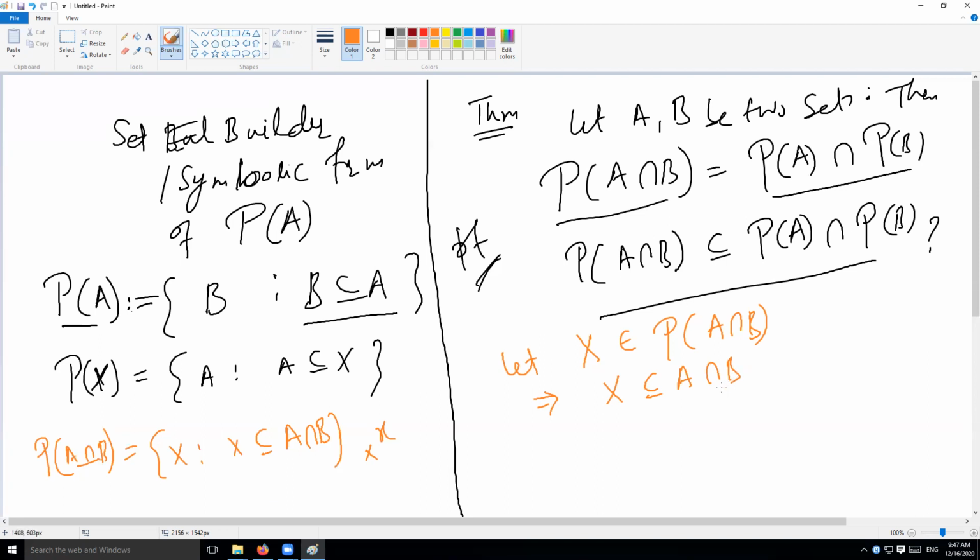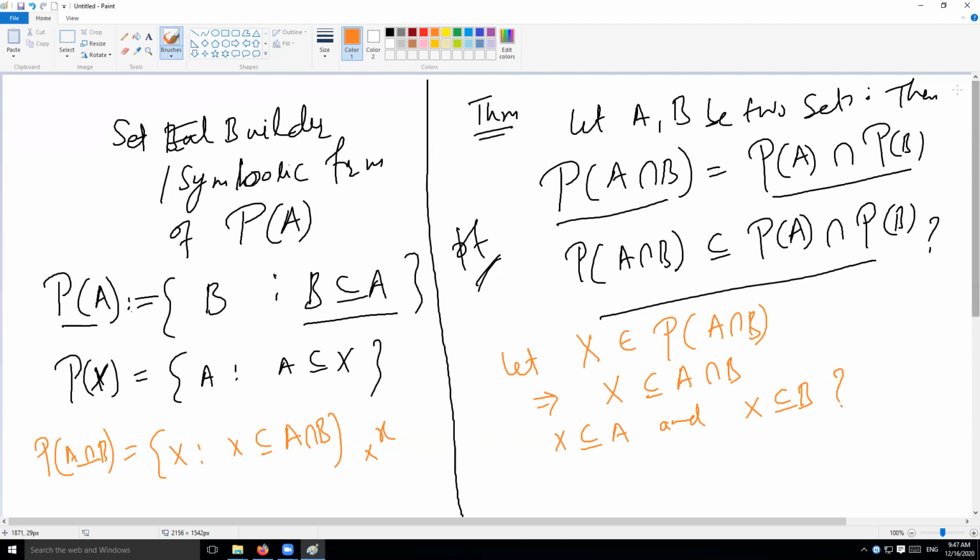And what should I show so that this X can belong to the power set of A and the power set of B? What should I prove? I must prove that X is a subset of A and X is a subset of B. But this is a fact that I have to verify.